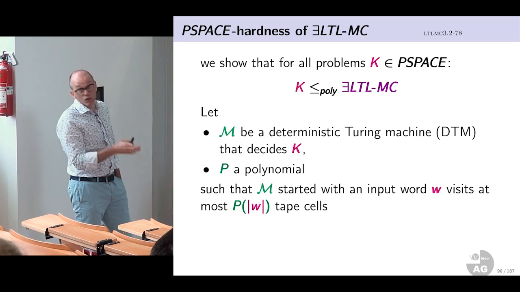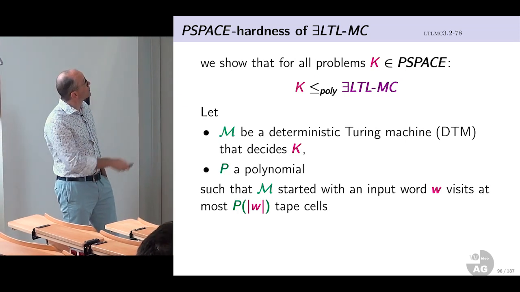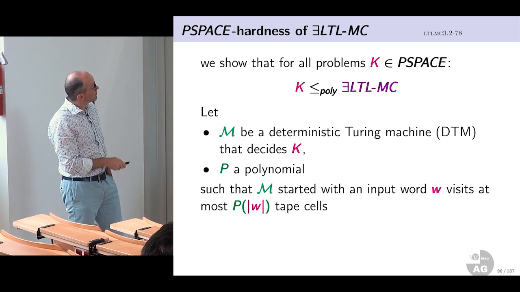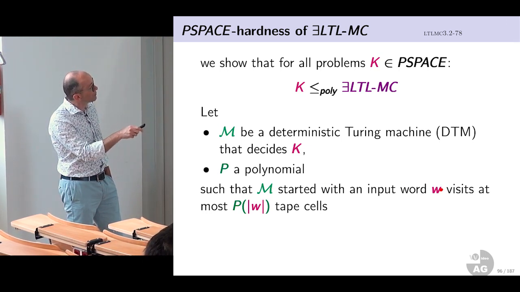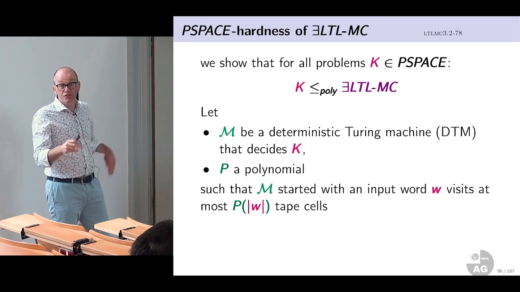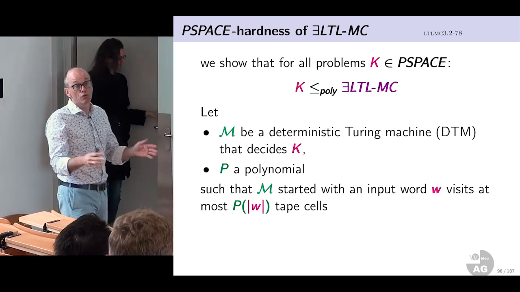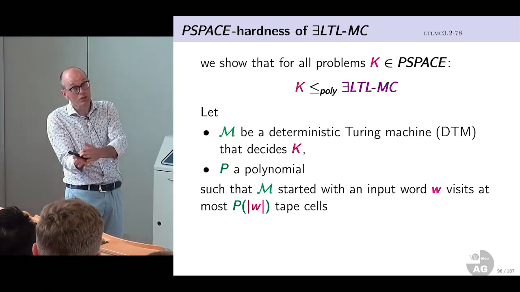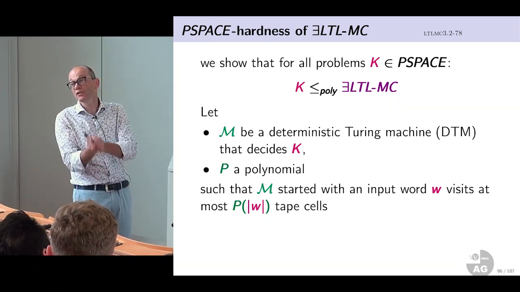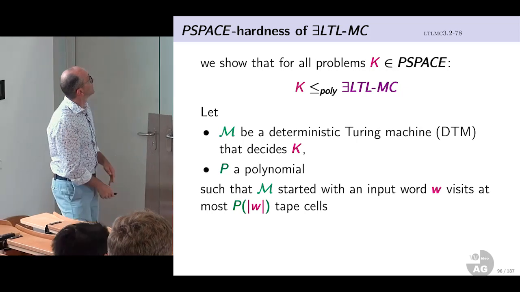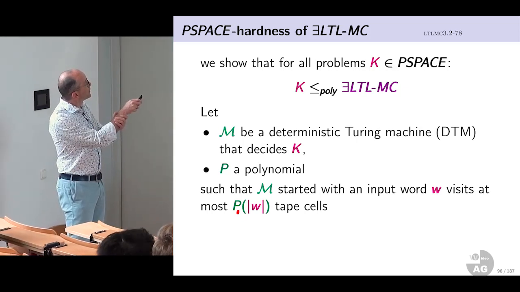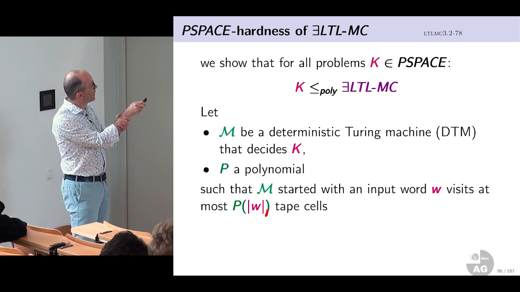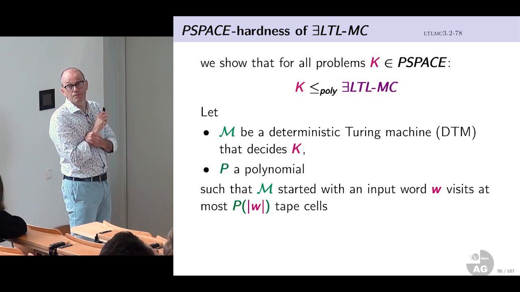Then we need to have this polynomial space. So there is a polynomial p, such that the Turing machine starts with an input w, and the number of tape cells it needs in order to decide whether to accept w or reject w is polynomial in the size of the input. So it visits a polynomial number of tape cells in the size of the input.